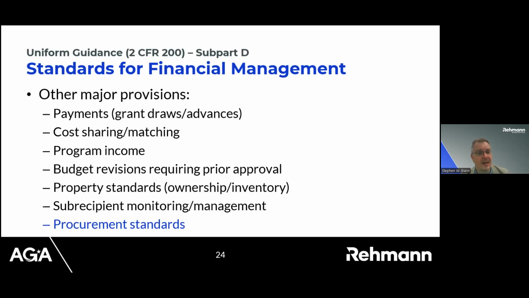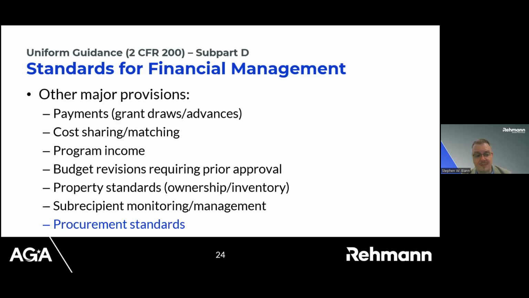If you are buying tangible equipment over $5,000 unit cost or real property with federal grants, there are some very special rules about how you keep track of and inventory those assets and what to do with the proceeds if you were ever to dispose of them.